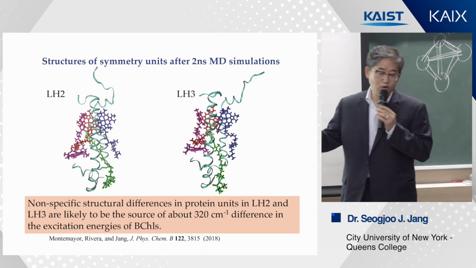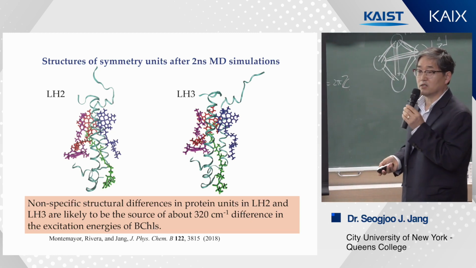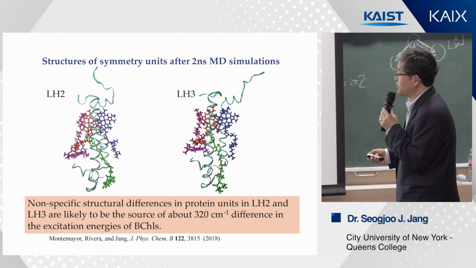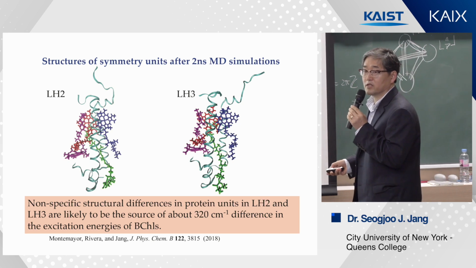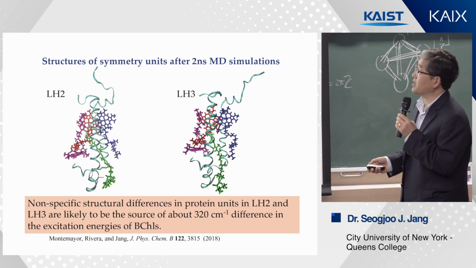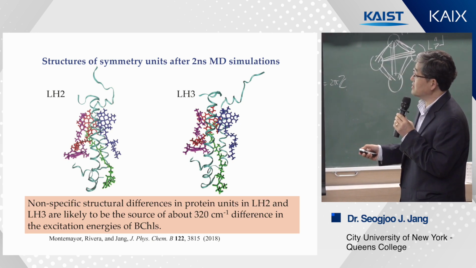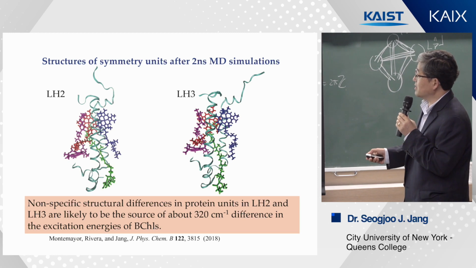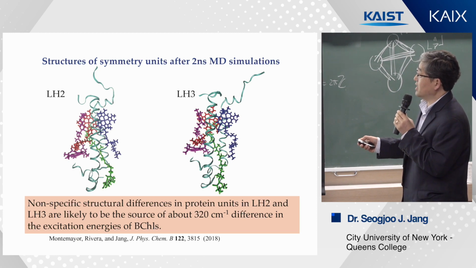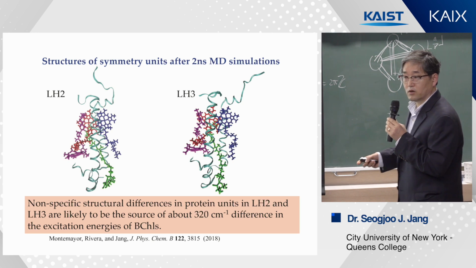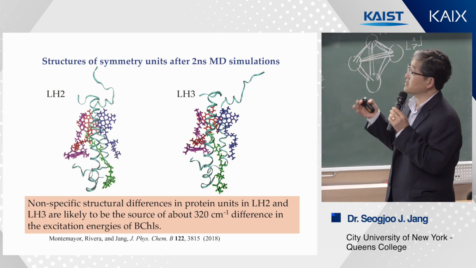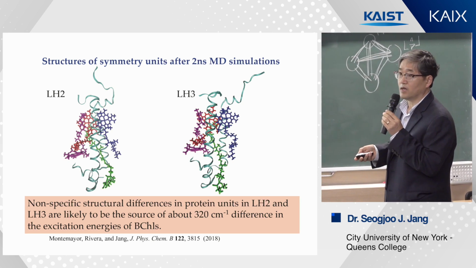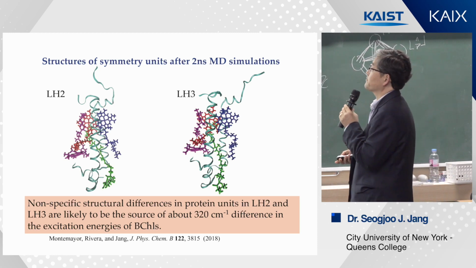There was no firm computational data that supports our proposal, but there is good justification, because if you look at the actual structure of the symmetry unit of LH2 and LH3, although they are similar, there are some minor and subtle differences between the two.